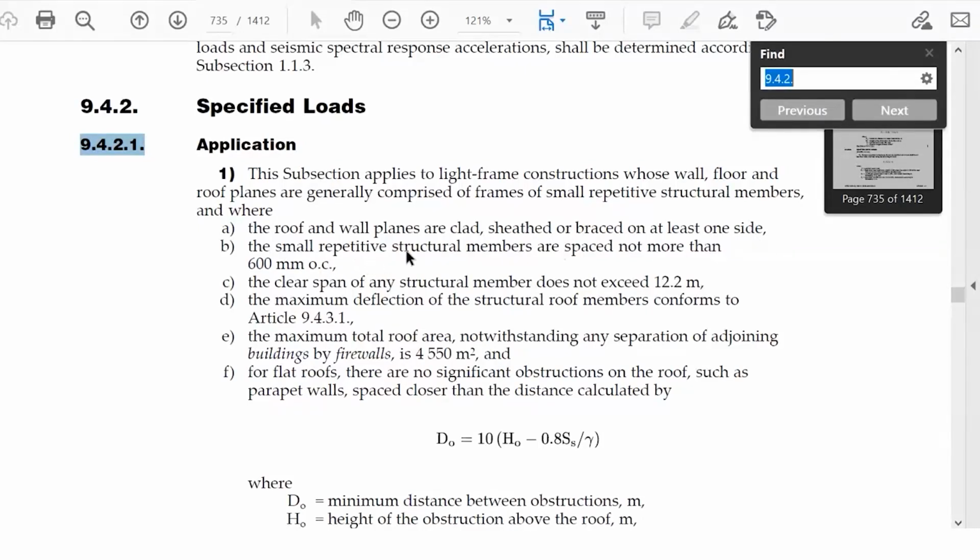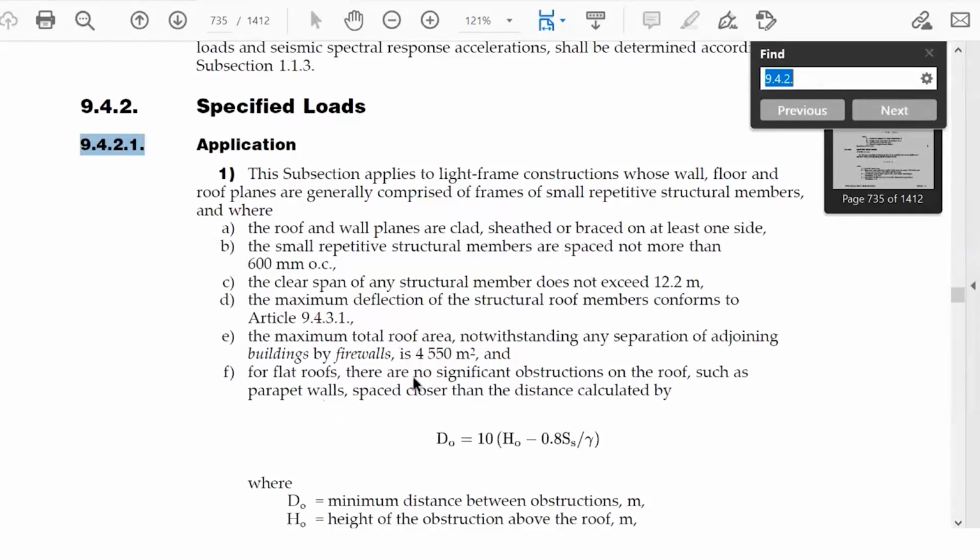The small repetitive structural members are spaced no more than 600 millimeters on center, and the clear span of any structural member does not exceed 12.2 meters. The maximum deflection of the structural roof member conforms to 9.4.3.1. The maximum total roof area, notwithstanding any separation of adjoining buildings by firewalls, is 4,550 square meters.